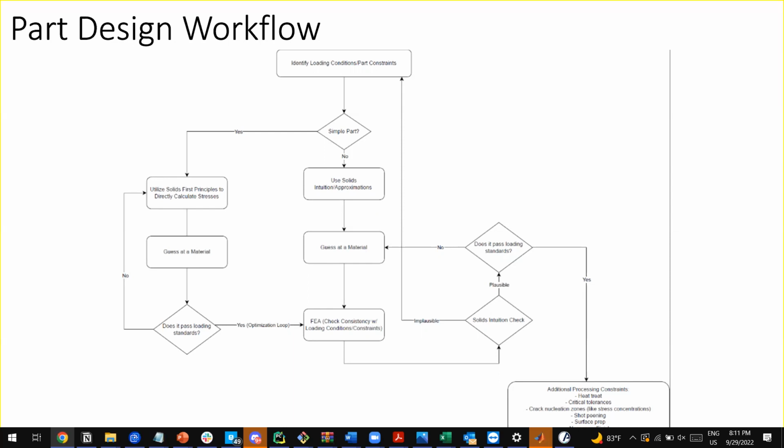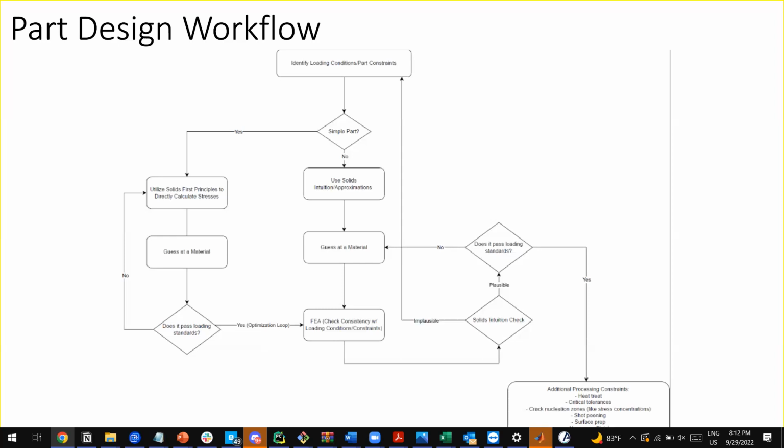So I put together this really rough diagram just to illustrate how you might design a general part. We don't need to go into super fine detail on it, but the general idea is that when you start out designing a part, it's really important to check your intuition against whatever your tools are outputting.